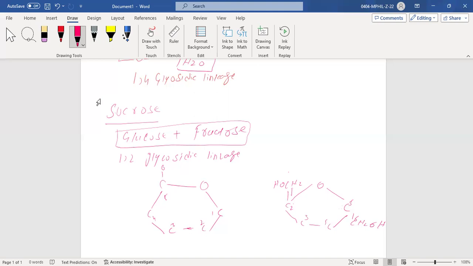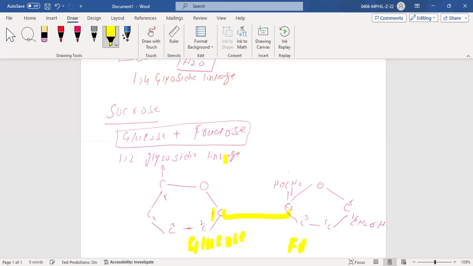Now the bond will form between what? Here, carbon number 1 of glucose, remember, it is glucose, and carbon number 2 of fructose is involved.